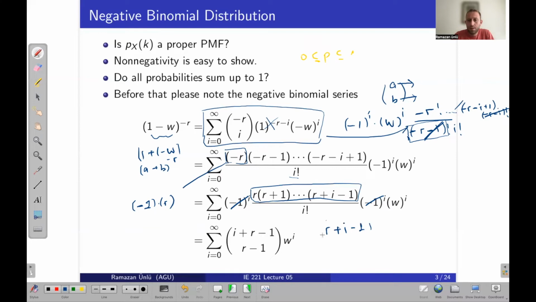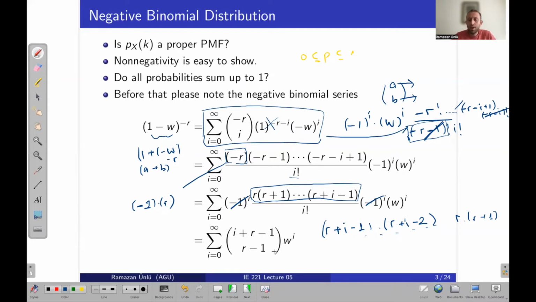Minus 1 and times minus 2, until r times r plus 1. Okay, so that's why this is r plus i plus r minus 1 divided by i plus r minus 1, choose r minus 1.